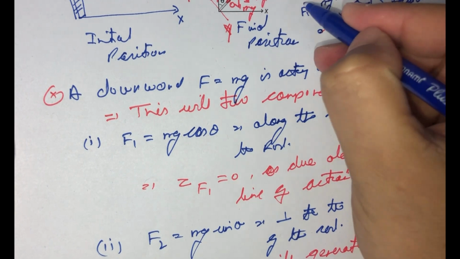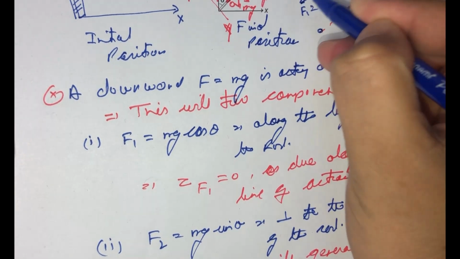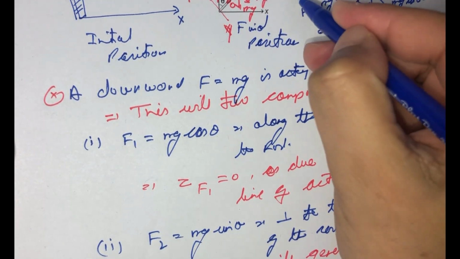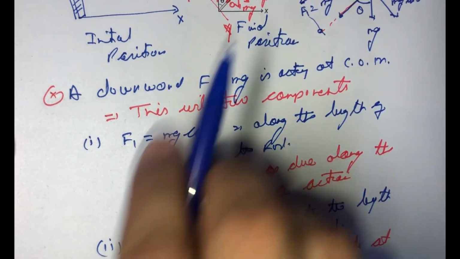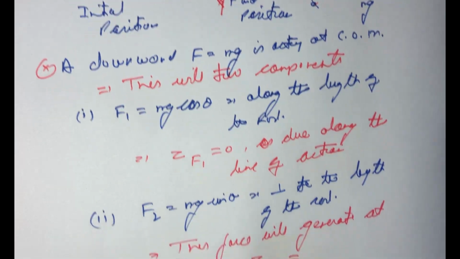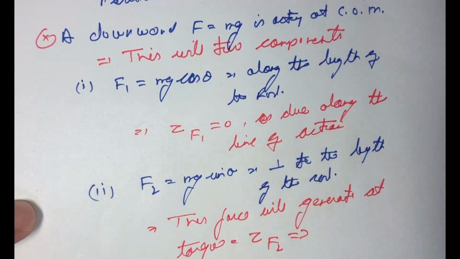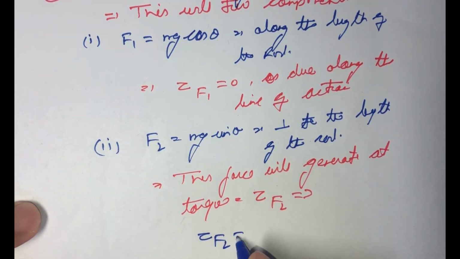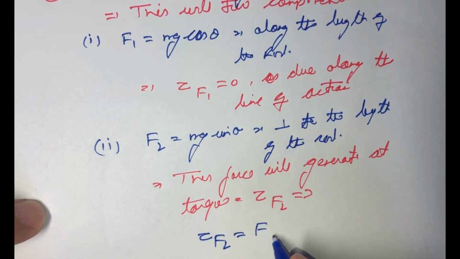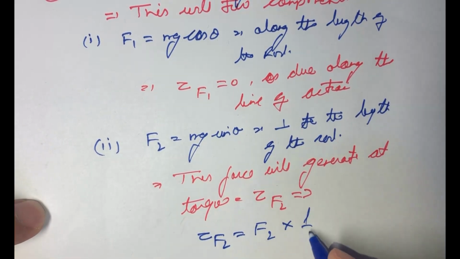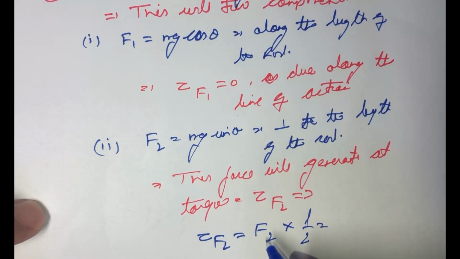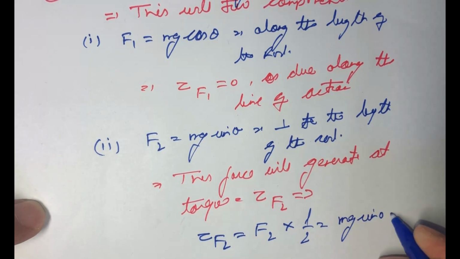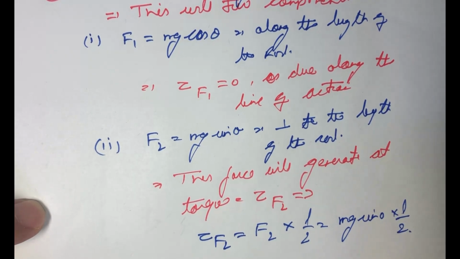So this distance will be L by 2 because total length is L. So we get tau F2 equal to force F2 multiplied by L by 2, substituting F2 as mg sine of theta, multiplied by L by 2.